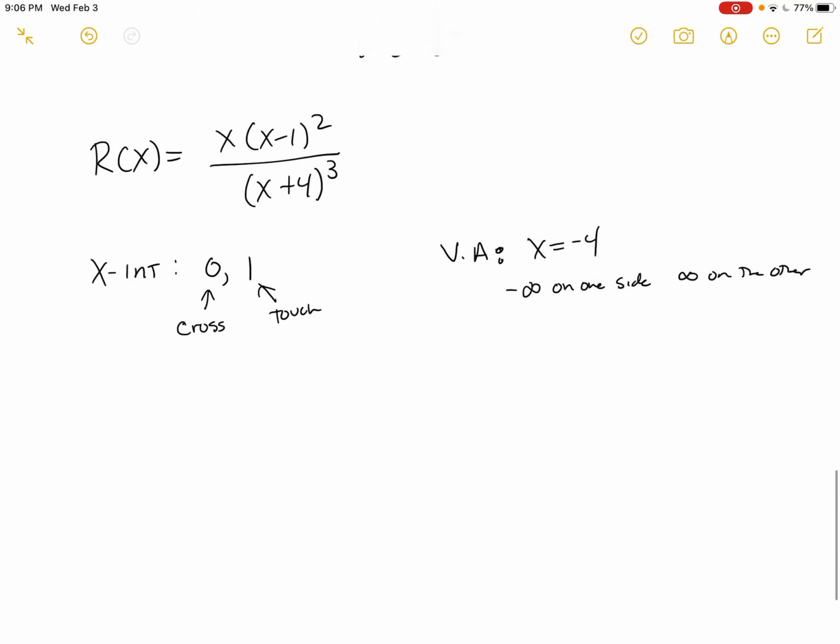That would be work so well in order for us to graph it, but we should find out if it has a horizontal asymptote or oblique. Look at the degrees. They're the same. The top is a degree 3, right? If you multiplied out the x squared and ran through the x, you're going to have an x cubed. If you multiplied out the bottom, you're going to have an x cubed. And so they match, and so it's a y equals a ratio of the leading coefficients, which would be 1 over 1.